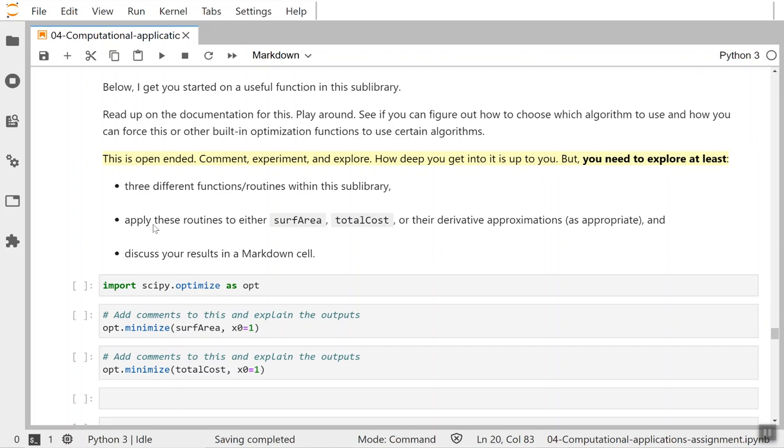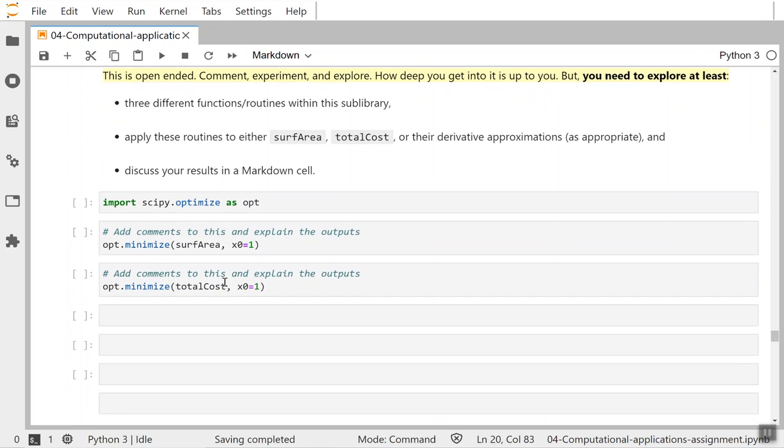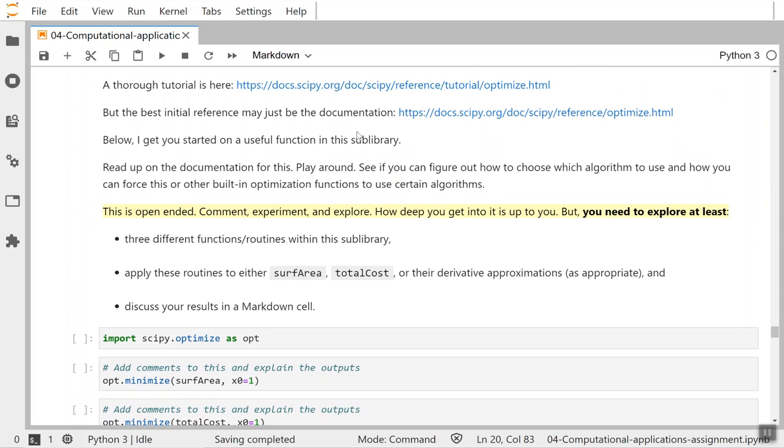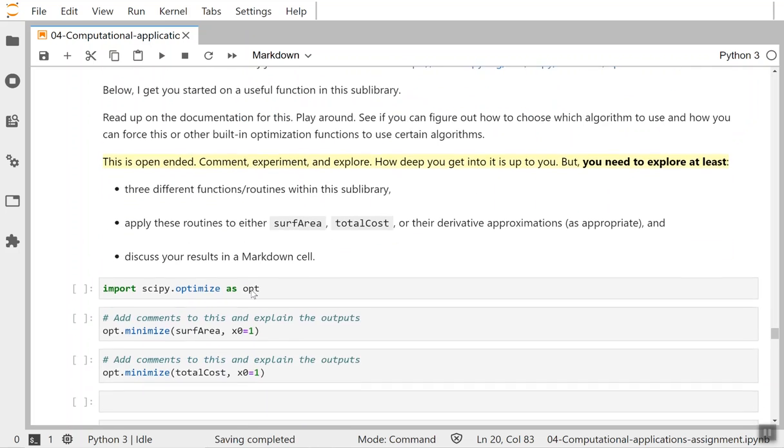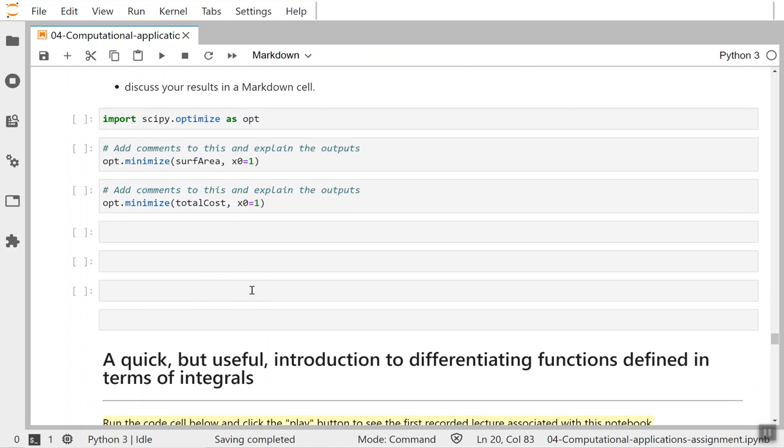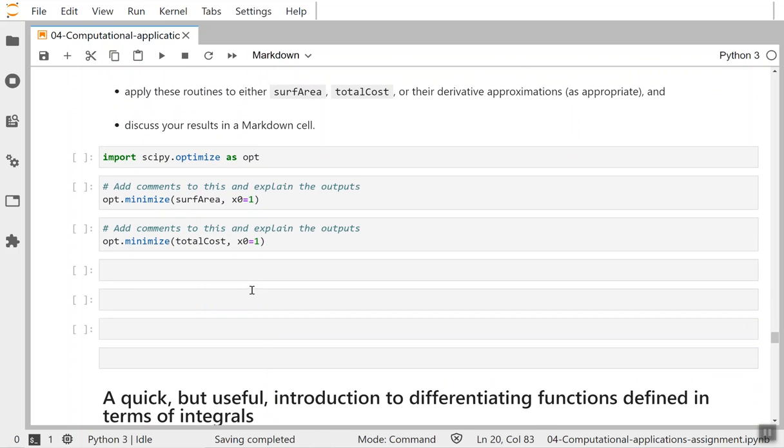You should apply these routines to either surface area, total cost, or their derivative approximations as appropriate, and discuss your results in a markdown cell. So that is what this problem is asking you to do. It's a little open-ended. I want you to explore the optimize sublibrary on your own, just play around, learn what options are available to you, and then write about them in a markdown cell.